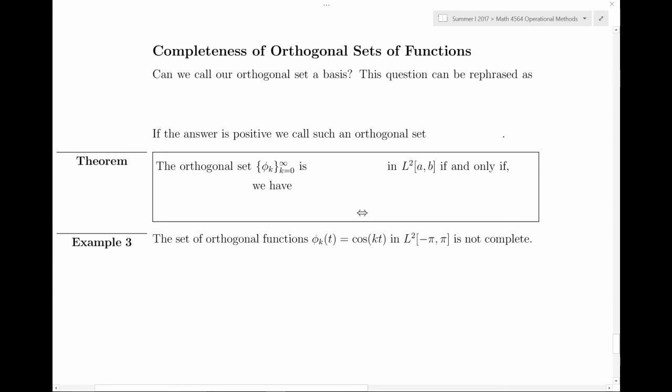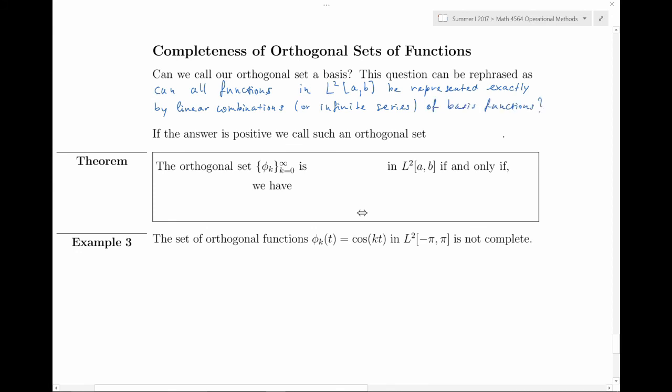In other words, can all functions in my space L2 from A to B be represented exactly by linear combinations or perhaps infinite series of functions from a basis?